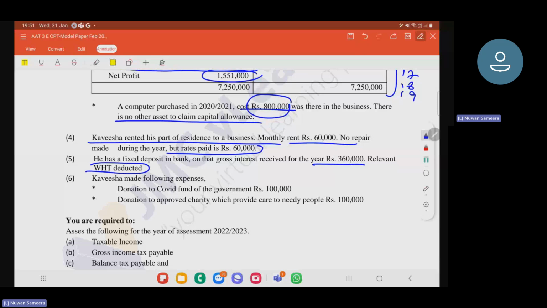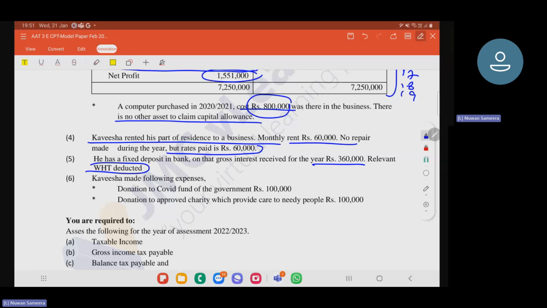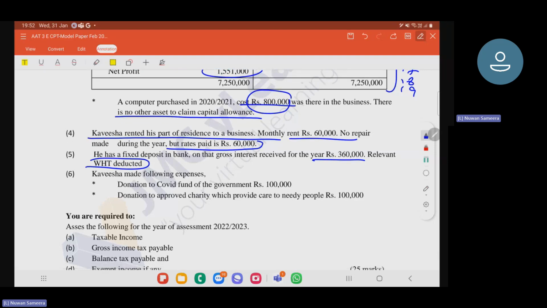Anyone in the session? Please tell me. What is the applicable withholding tax rate? Yes, 15%.